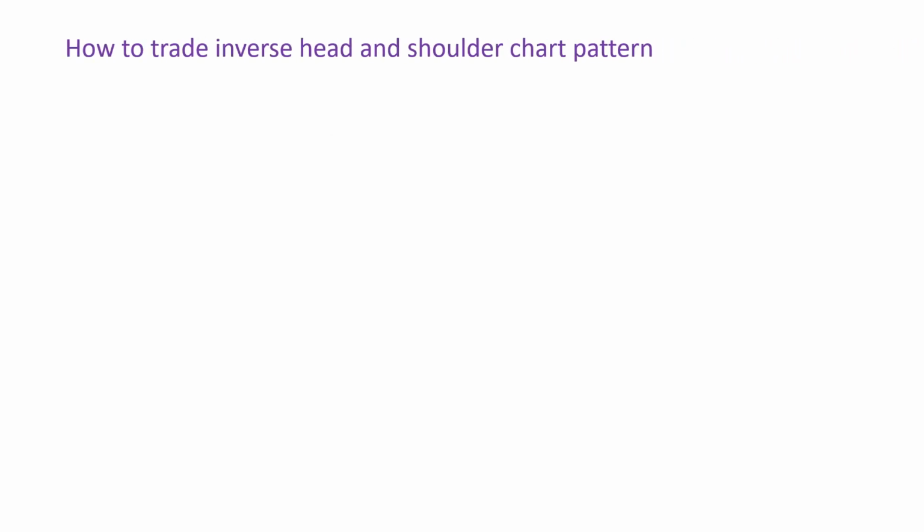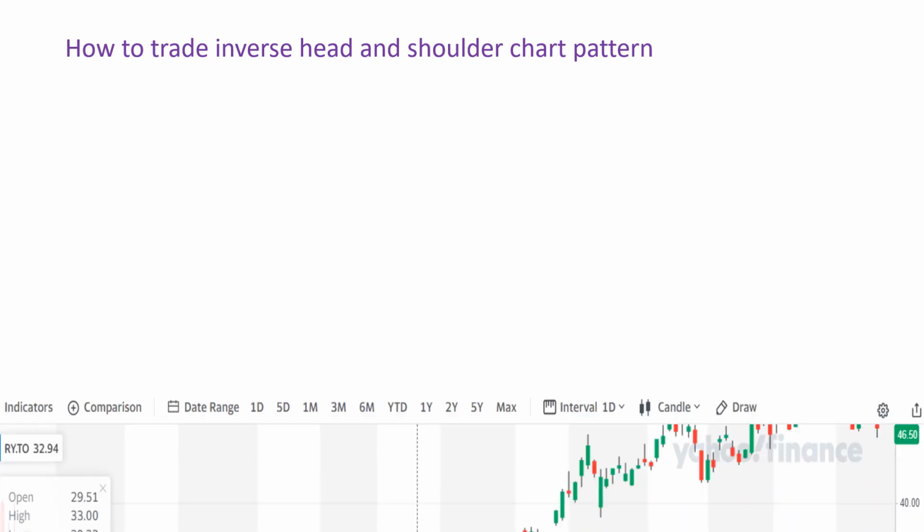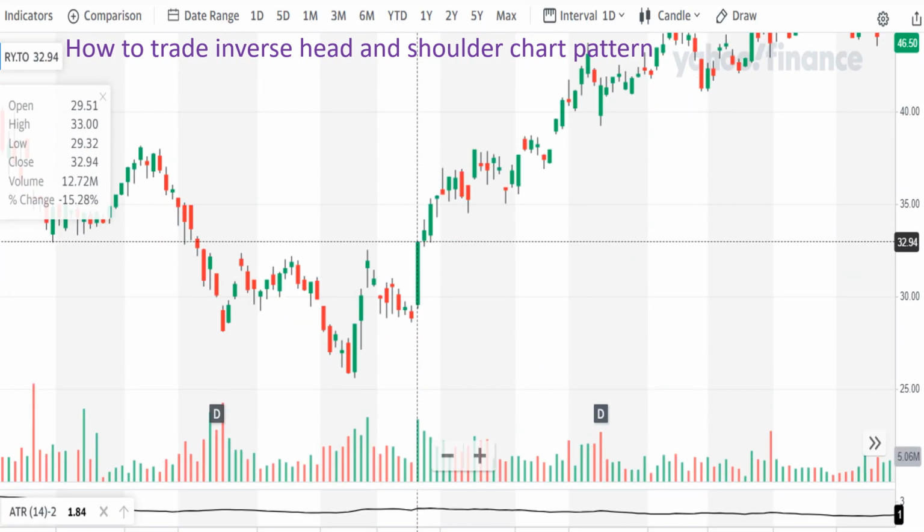How to trade the inverse head and shoulder chart pattern. Inverse head and shoulder works basically on the same concept as ascending head and shoulder. In this graph, the price is making lower swing lows and the pullback is making lower swing highs all the way down. As a result, the left shoulder and the head are formed.